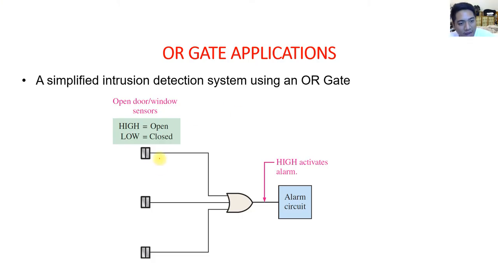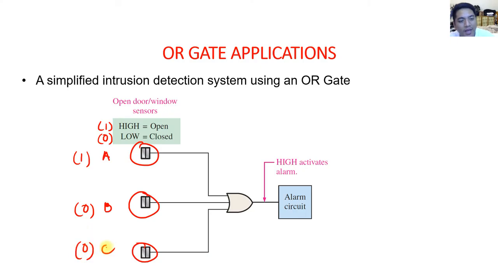So if we have 3 windows as our inputs A, B and C, the logic high is that the windows are open, and the logic low is that the windows are closed. If one of them goes high, let's say 1, 0, 0, in your window A, someone barged in.